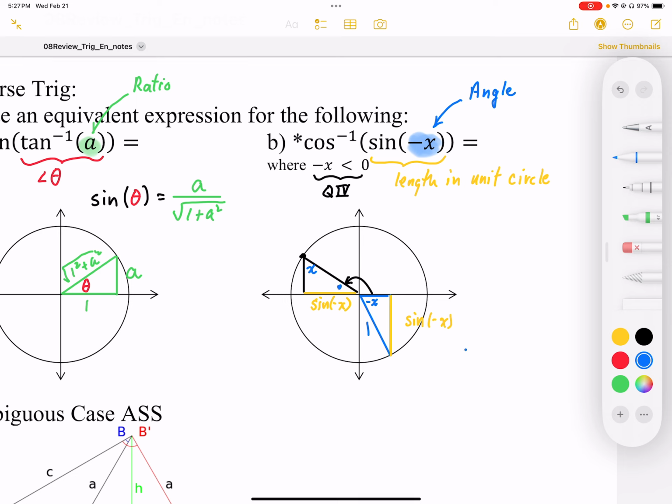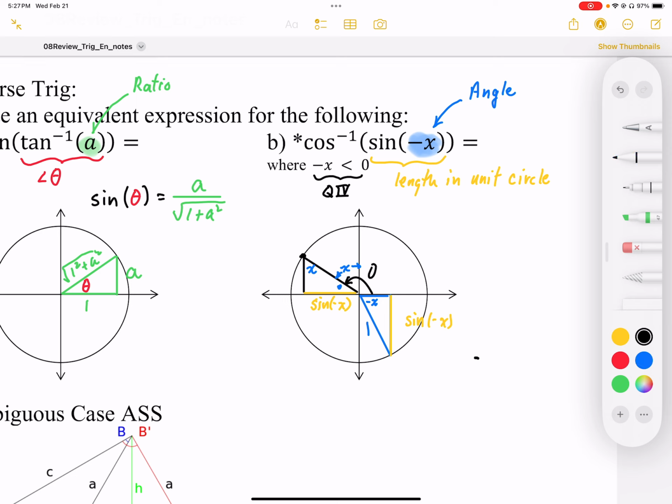We could also say that this angle here, made from the 90-degree angle, is also angle x, because we can see that those are parallel lines. The two vertical lines are parallel, the y-axis and the angle line next to x. So those two angles must be the same.